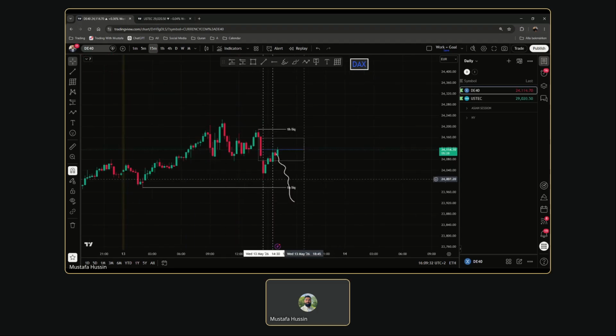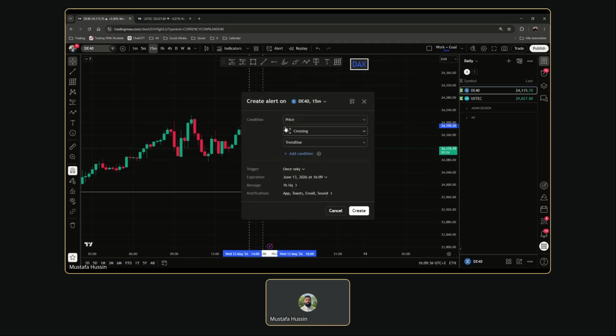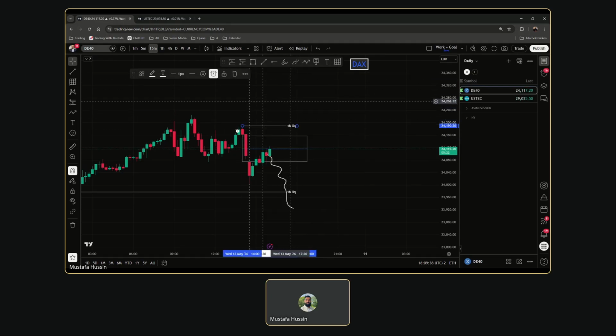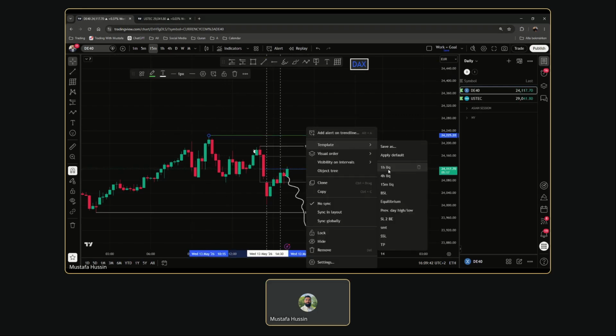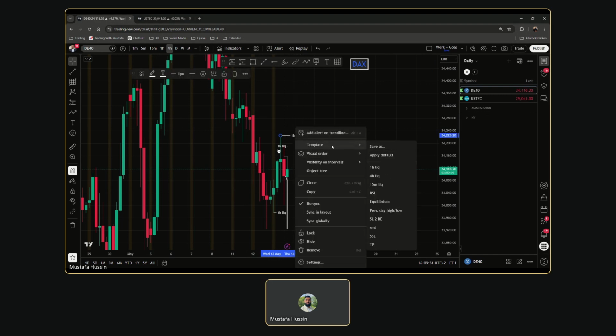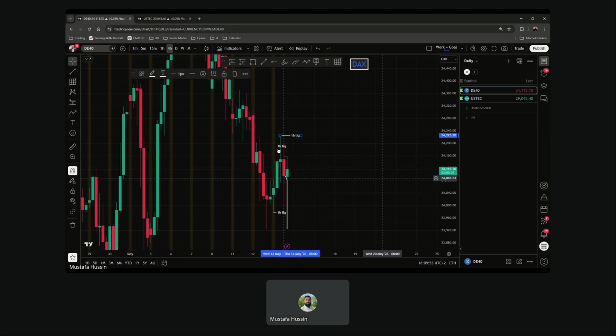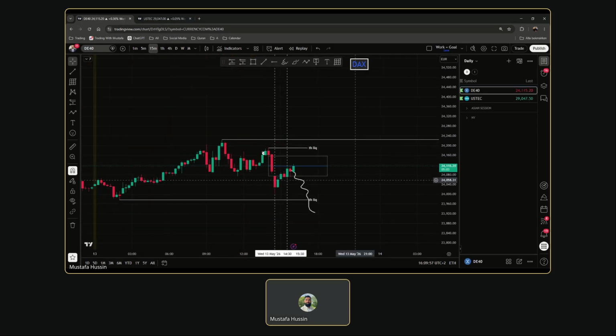Right, on the DAX, I'm waiting for it either to sweep this liquidity. I'm gonna put an alert right there, or this high right there, which is also liquidity on the 4 hour. There's a 4 hour high right there. So if price sweeps this area, then I'm interested in taking a trade.